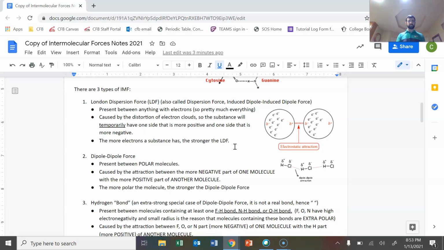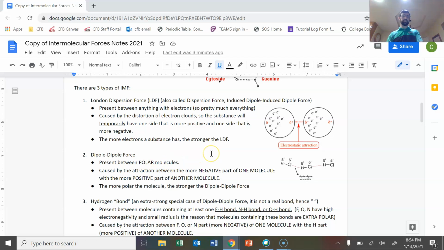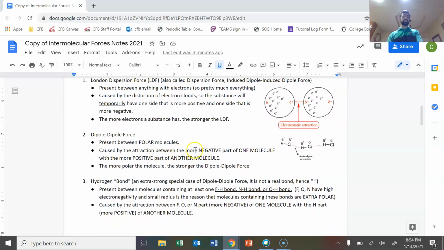London dispersion forces. Dipole-dipole forces are present between polar molecules. Those are caused by the attraction between the more negative side and the more positive side of molecules. So I've got the negative side of HCl is really attracted to the positive side, the H side of HCl, of another molecule.